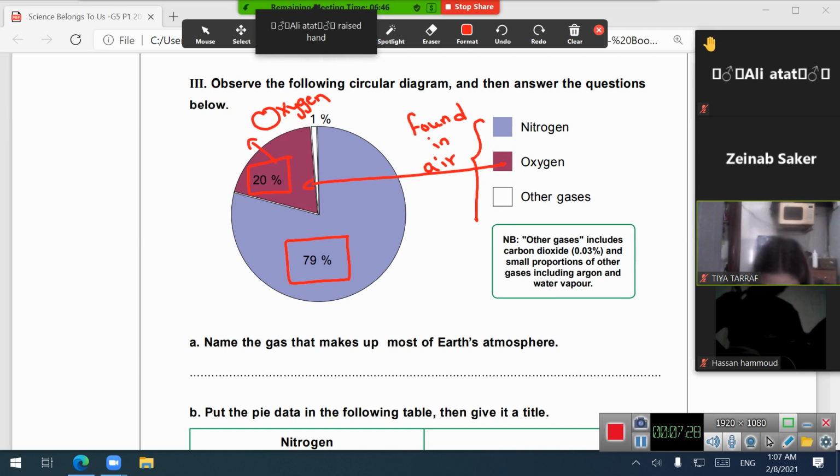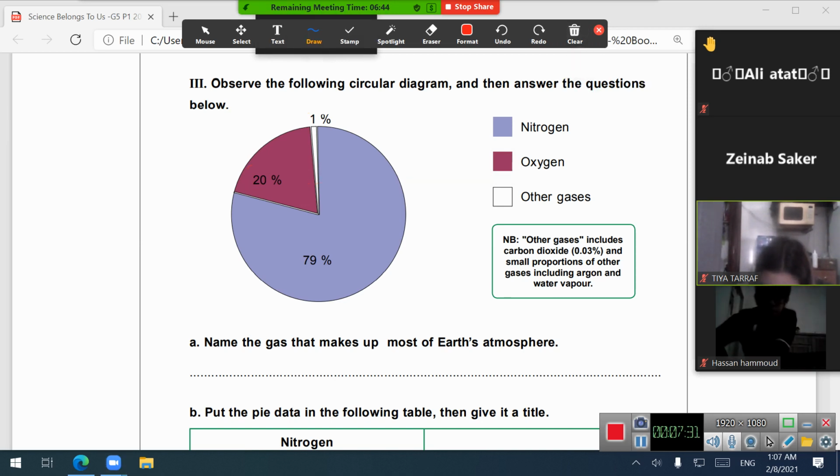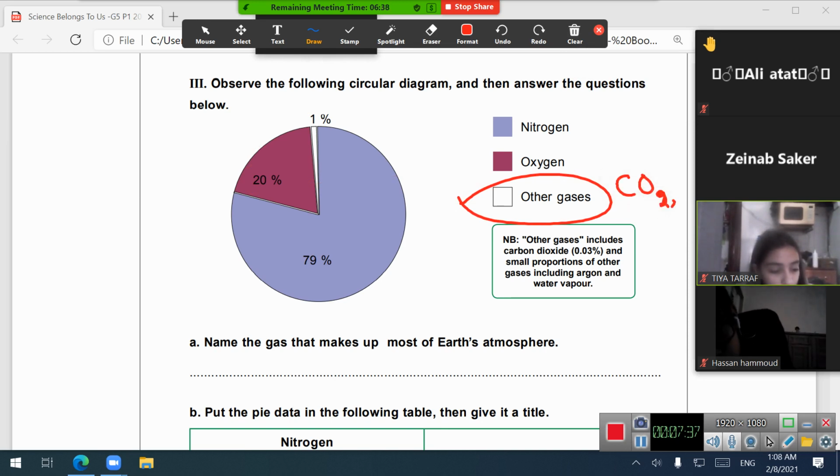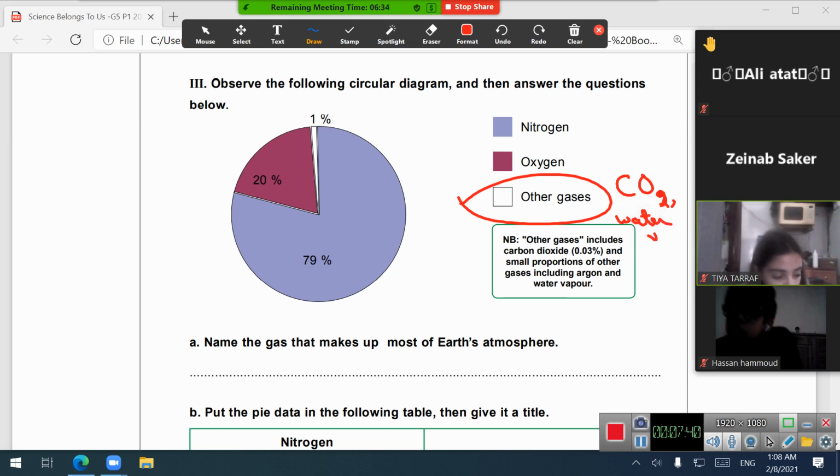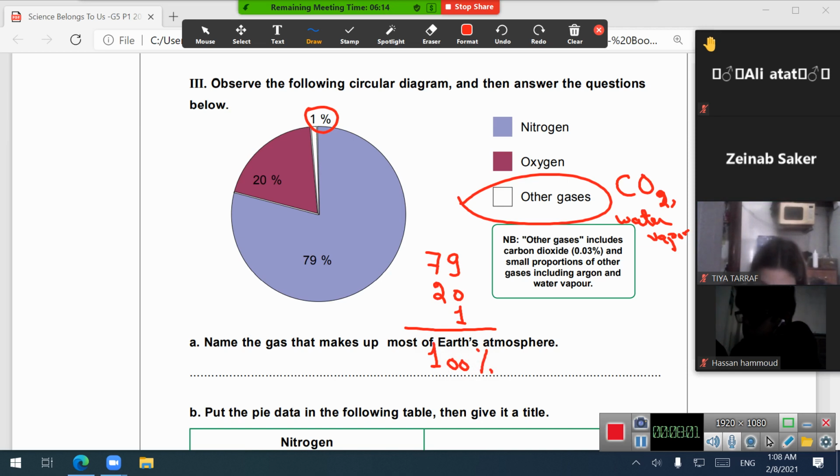The amount of nitrogen is 79%, and other gases such as carbon dioxide and water vapor constitute only 1%. Let's add them now: 79 plus 20 plus 1, we get 100%. So these gases constitute the atmosphere.